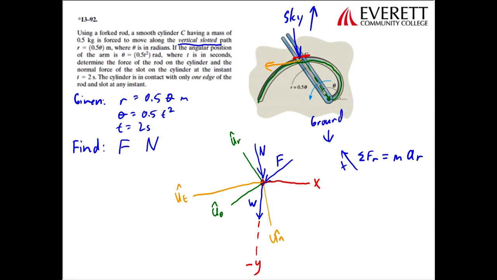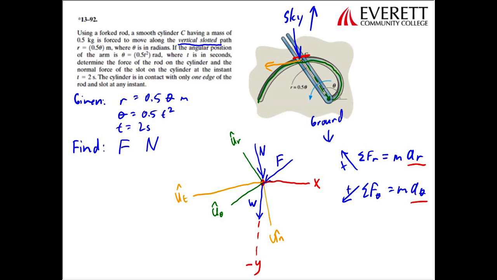Then of course we have the theta direction, and we need the sum of all the forces in the theta direction equal to mass times acceleration in the theta direction.